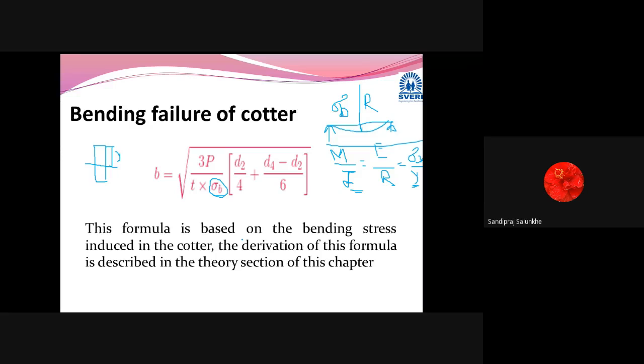So can anybody of you tell me what the bending stress means? Really, whether it is a combination of tensile, compressive and shear, or it is a separate type of stress. Combination of tensile and compression stress. Yes, Akash has given the answer. Anybody else?